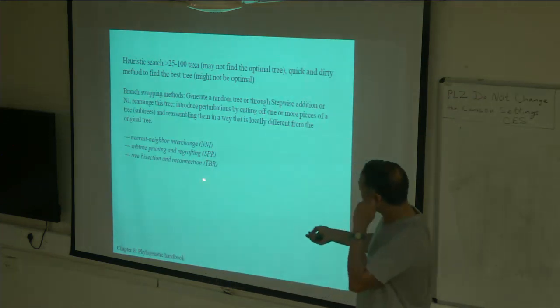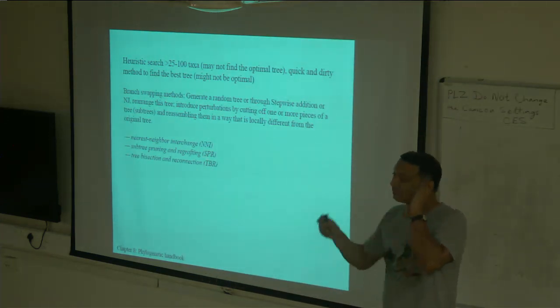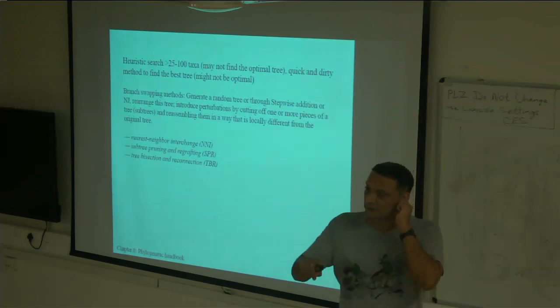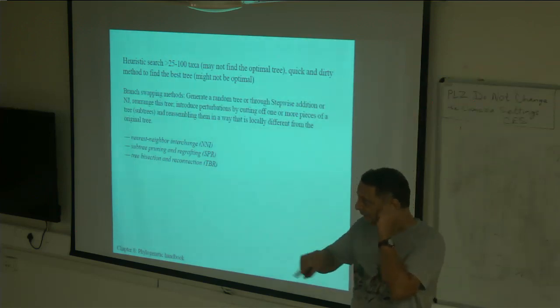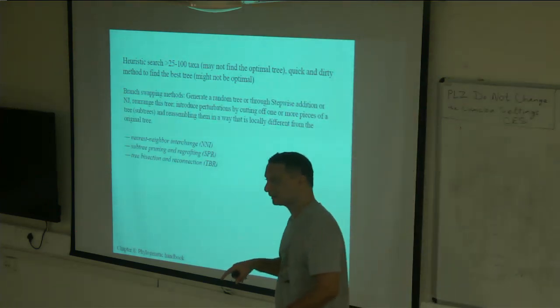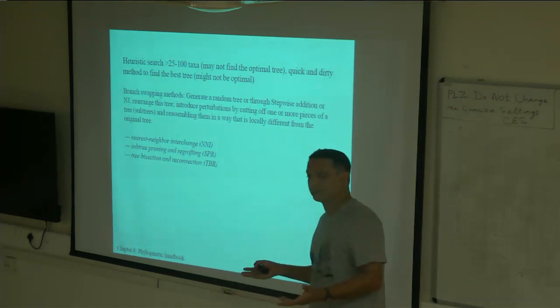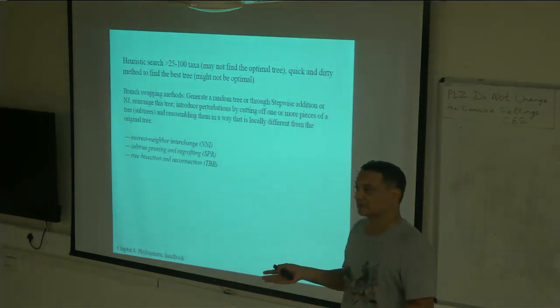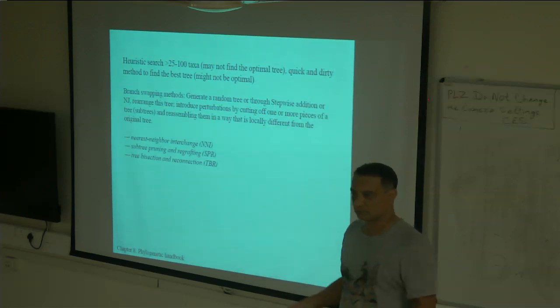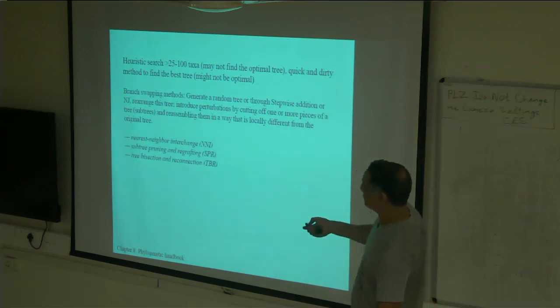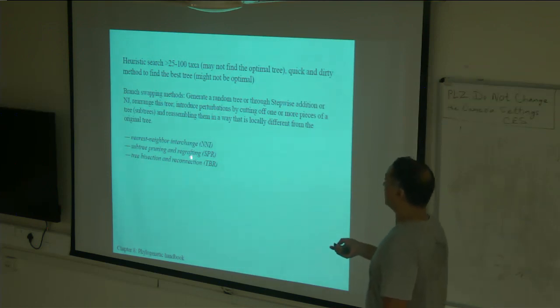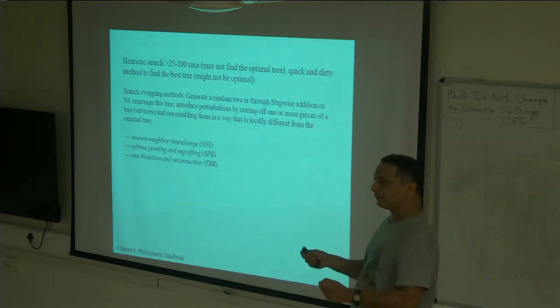Okay, and the branch rearrangement, again, varies from program to program, so you'll have to read up on the material given there. Even the starting tree method it's using might be different, so you really have to figure that out. Look at the manual for that program. Okay, so the branch swapping is to try and find a better tree.